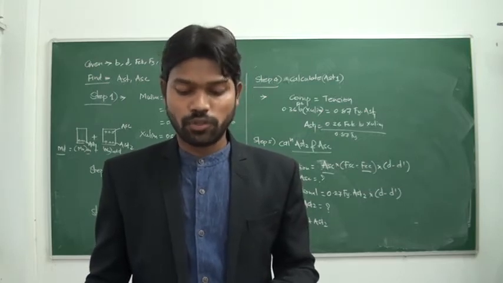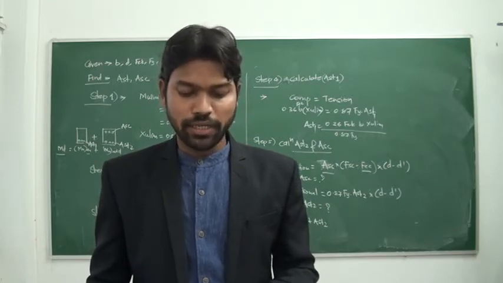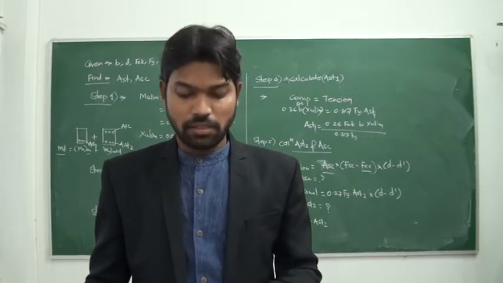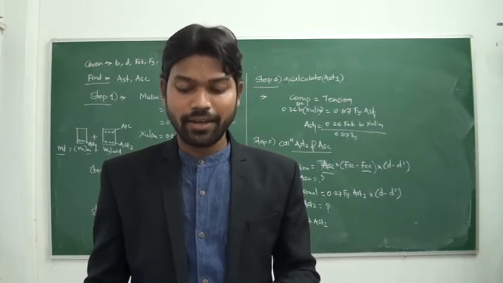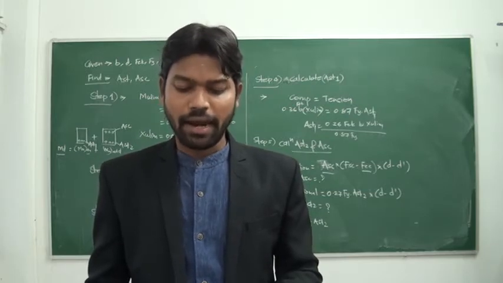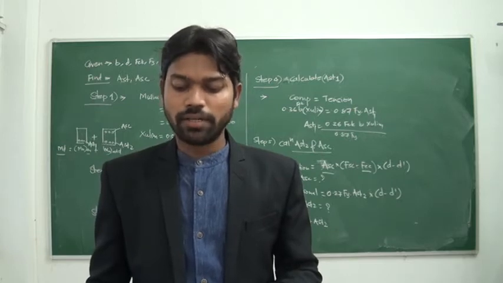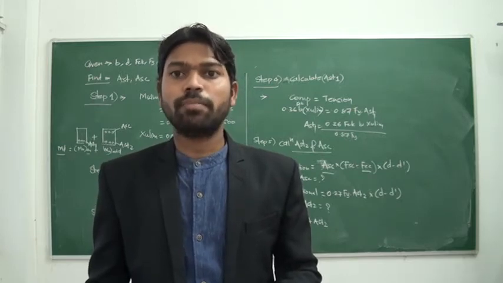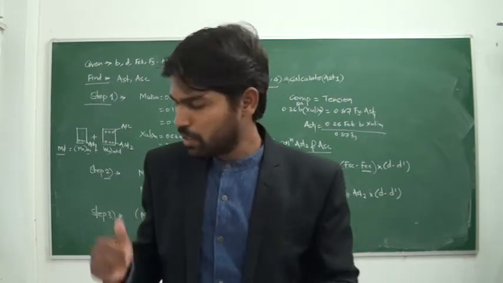Find the area of steel required if M15 concrete and mild steel are used. Effective cover d dash is equal to 50 mm. Okay, so we will solve this.